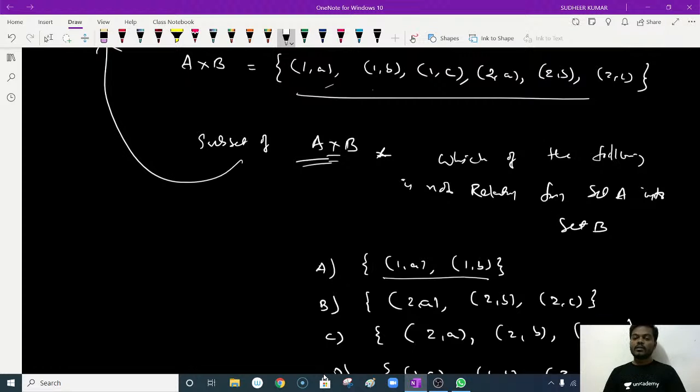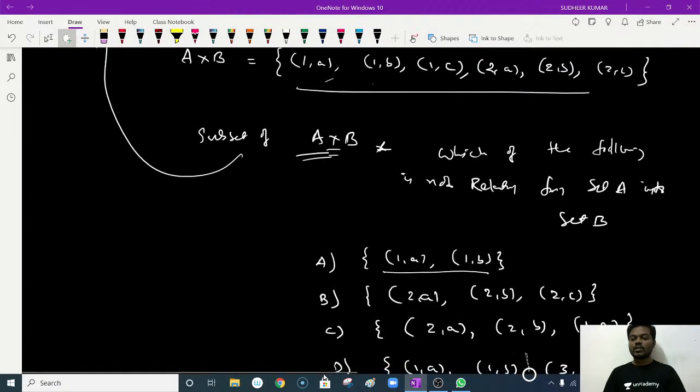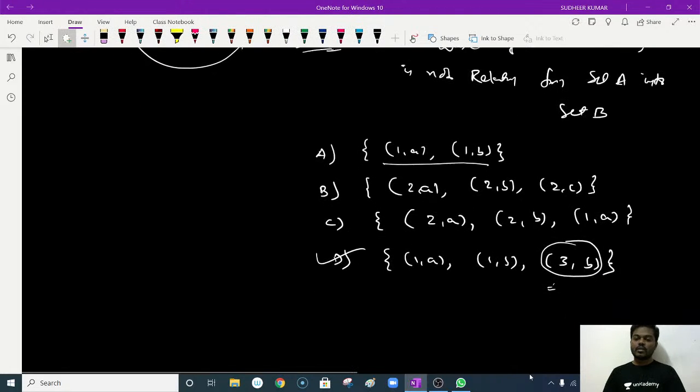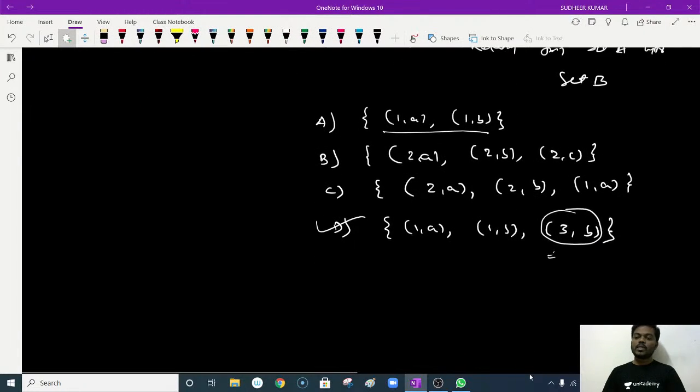Option B is also the same, it is also a relation. Option C is also a relation. In option D, 3 comma b, we do not have that element in A cross B. So at least one element does not exist in A cross B, then it is not a relation from A to B, right? So the correct answer is option D. So this is the way we are going to represent sets, right?